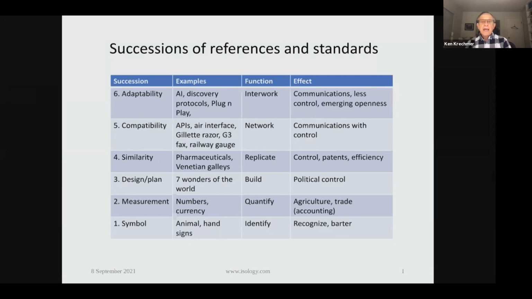And so we see patents being very important to the success of pharmaceutical companies and their ability to invest the kind of money that they must in order to produce successful drugs that have been tested for safety and efficacy. So this is the similarity.